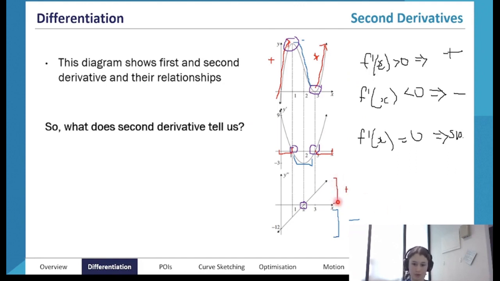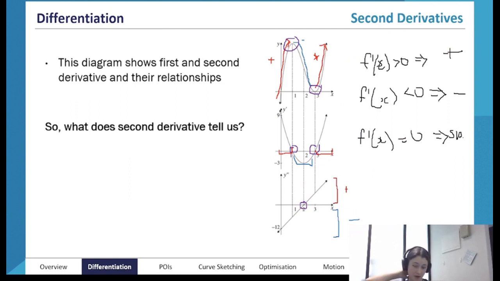So when the value of the second derivative is positive, it means that the gradient, or the first derivative function, is increasing. And then a similar thing here. In this section where the second derivative is negative, the first derivative is decreasing. Same thing again, where the first derivative has a stationary point, the second derivative is going to have an x-intercept, and this is exactly what we saw up here.